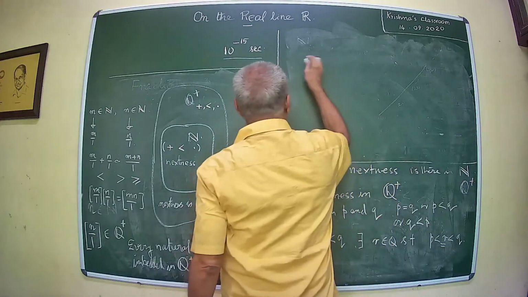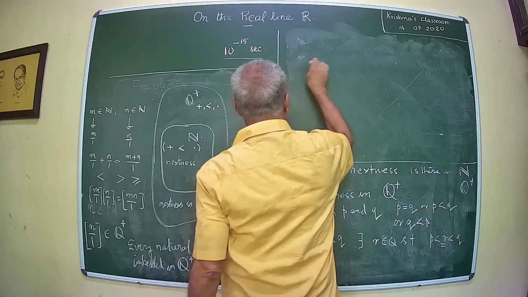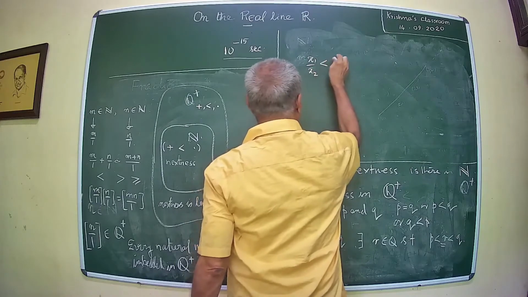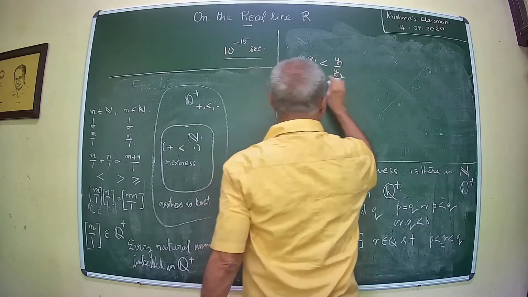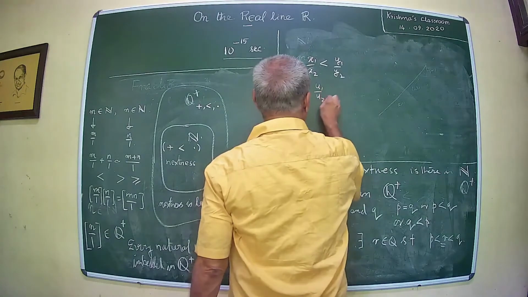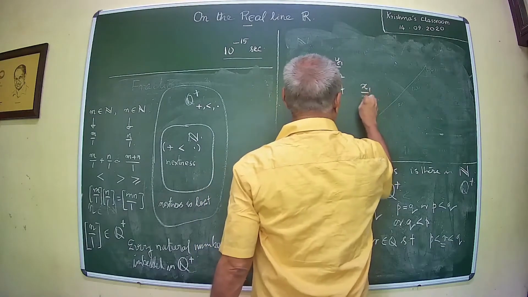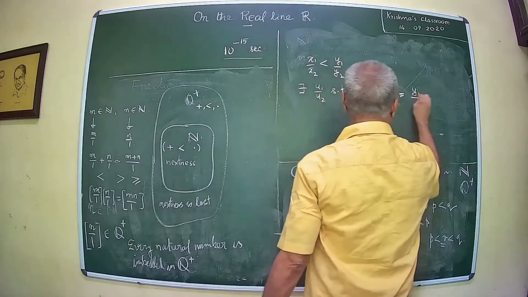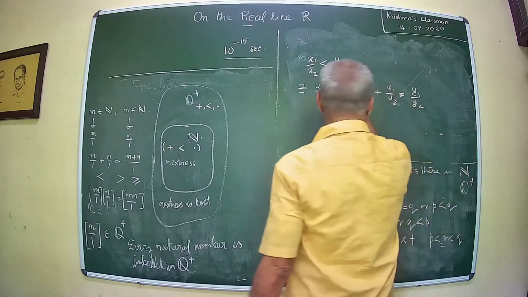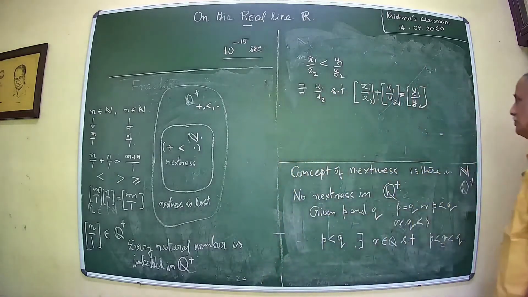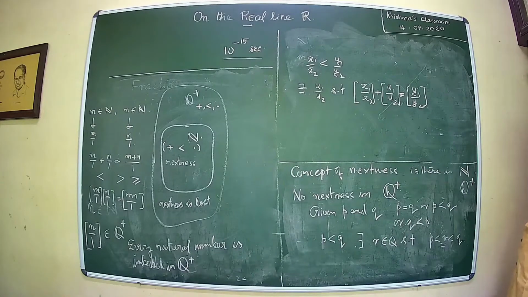Suppose you have x1 by x2, y1 by y2, then you can actually show that there exists u1 by u2 such that x1 by x2 plus u1 by u2 equals y1 by y2, or more than 3, you can do this. Right? If this is so.